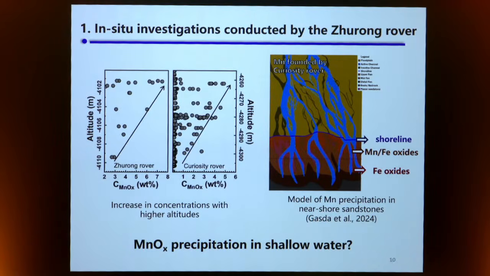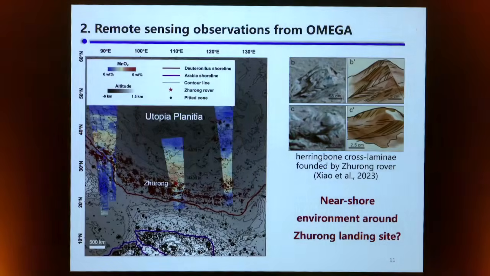As you can see in the picture, manganese hydroxide precipitation generally occurs in shallow surface waters, as reductive dissolution in deeper conditions inhibits the oxidation of manganese, but can generate iron oxide. Based on the same trend observed here, the manganese hydroxide near the Zhurong landing site was likely formed in aqueous environments.